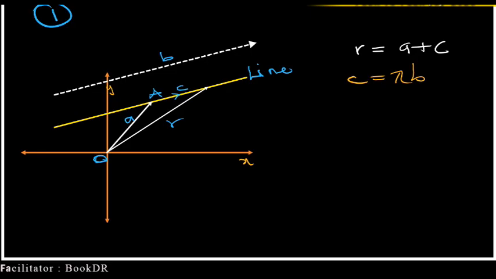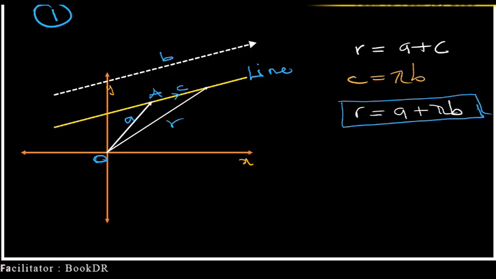We shall therefore replace C with lambda B. So our R will be equal to A plus lambda B, where lambda is a scalar. This relation therefore becomes the vector equation for the given line. This illustration is on a 2D space.